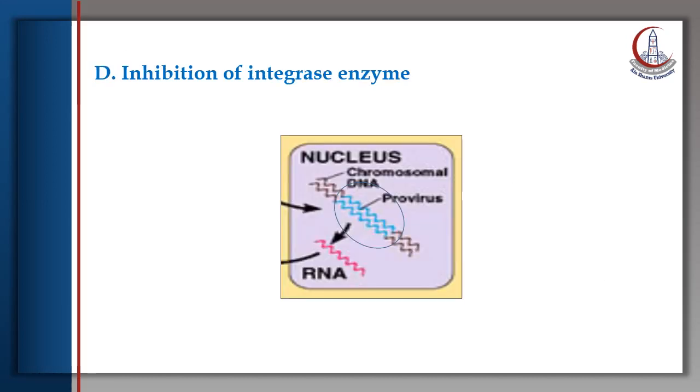Also, there's an enzyme in the human immunodeficiency virus which is responsible for integration of the DNA formed by the reverse transcriptase, and this DNA becomes incorporated inside the host DNA by the integrase enzyme.